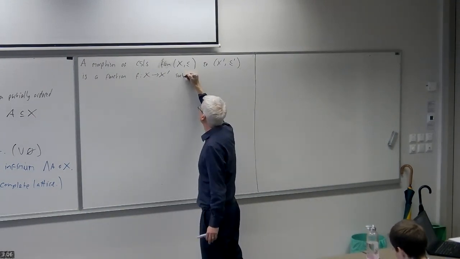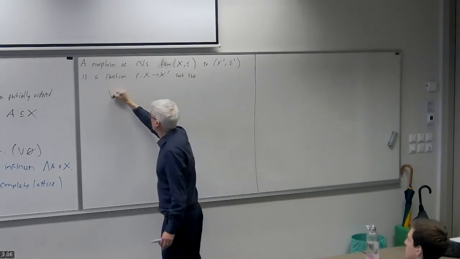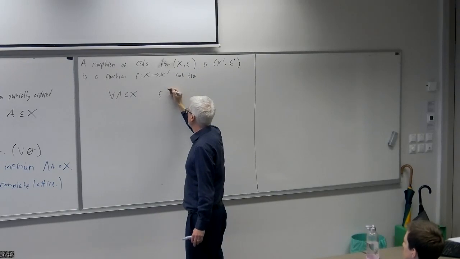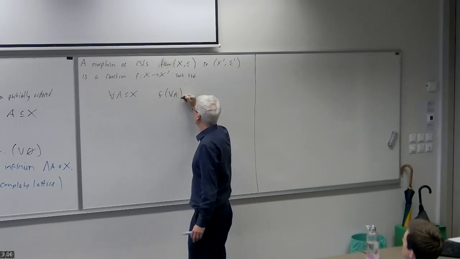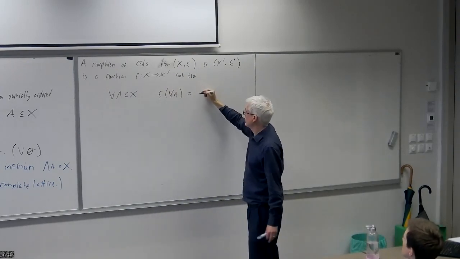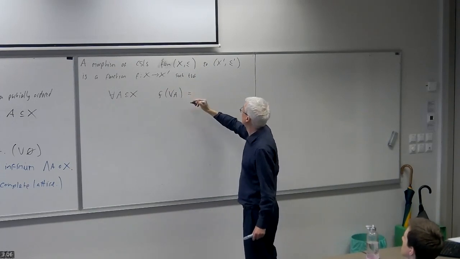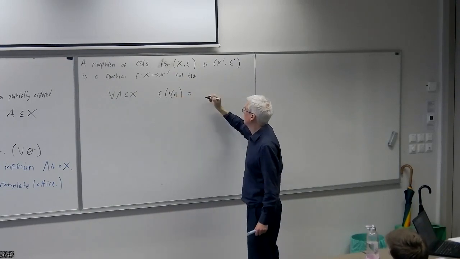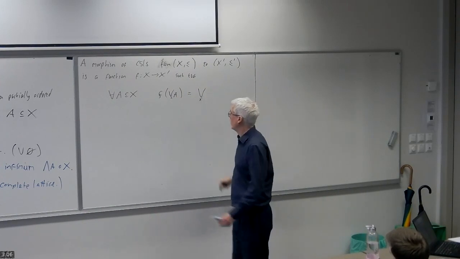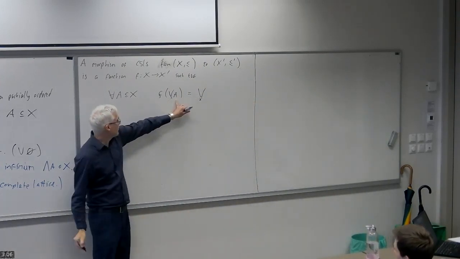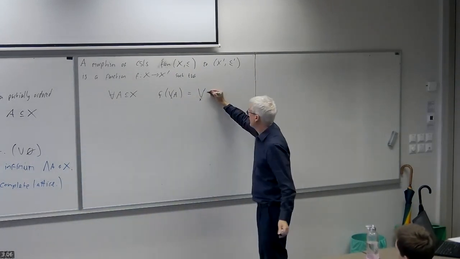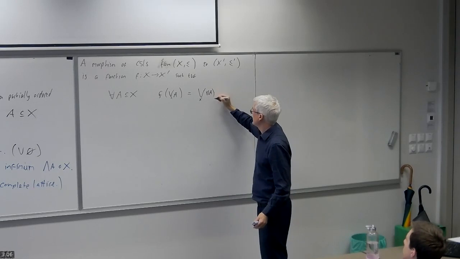So such that for all subsets A of x, if we apply f to the supremum of A, that's the supremum of A in x, of course, this is the same thing as taking the supremum in x prime of the set we get by applying f to every element of A. In other words, the direct image of A under f, which I just write like that.